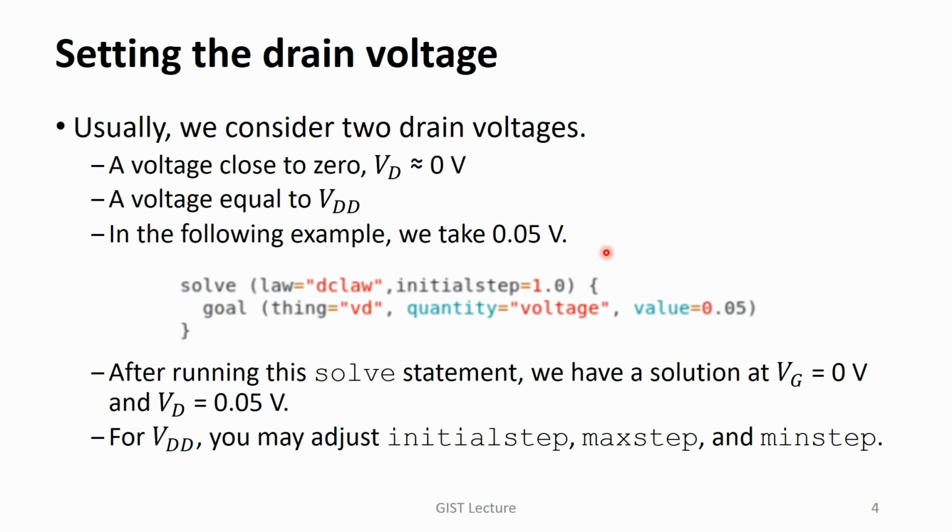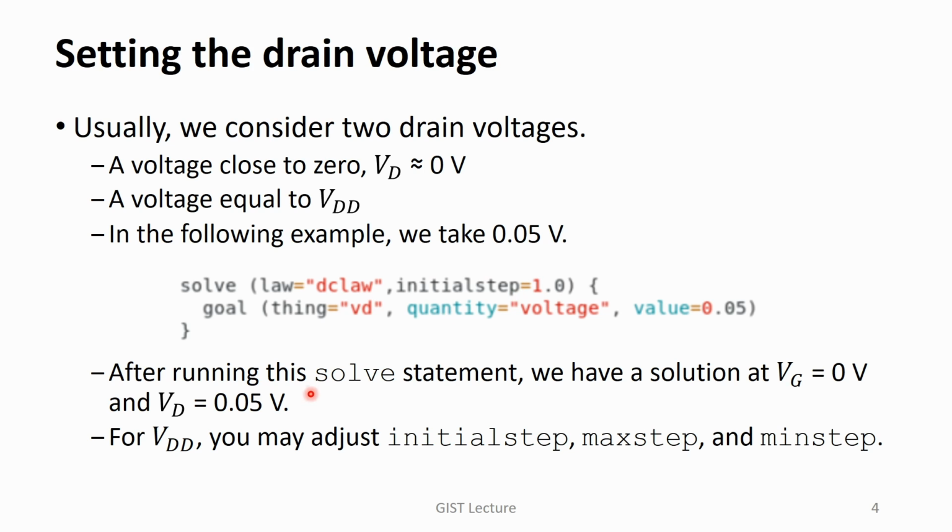In this example, the drain voltage is directly increased to 0.05 volt with an initial step of 1.0. It is possible because 0.05 volt is not that high.